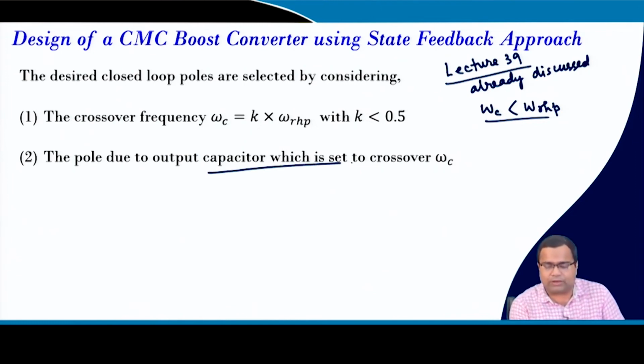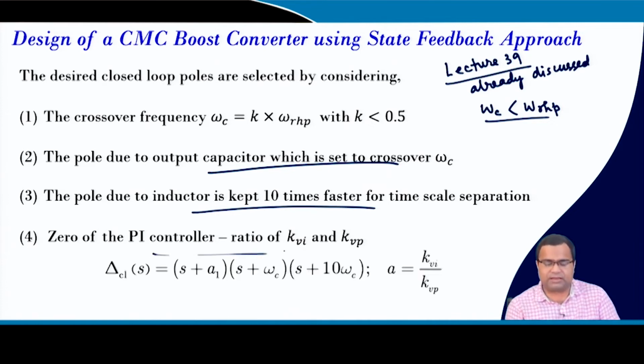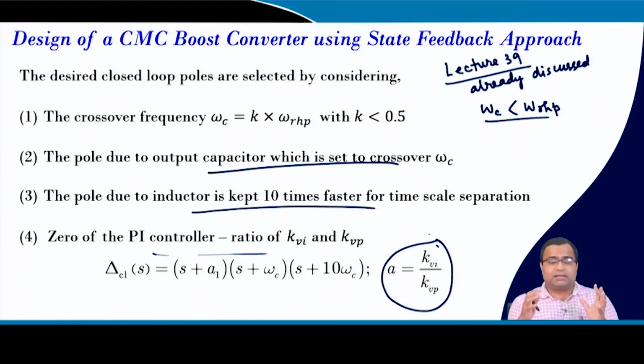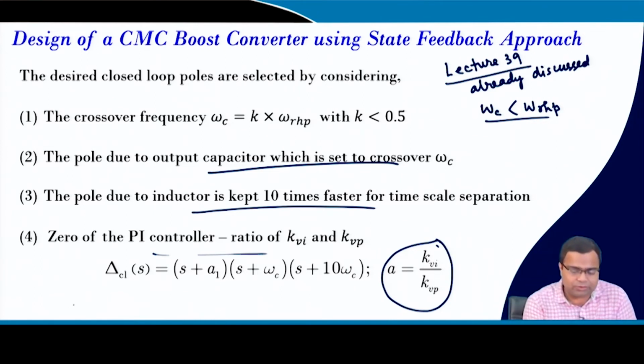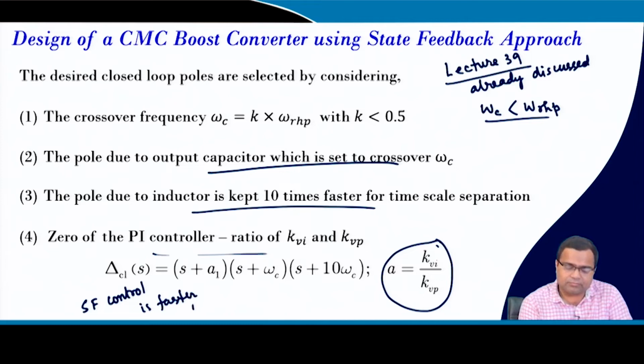So, the pole due to the output capacitor is 10 times faster, and the zero is Ki by Kp of the voltage controller. And we have seen this can achieve a faster response than output feedback. So, we have seen the state feedback design is faster than our output feedback based design.